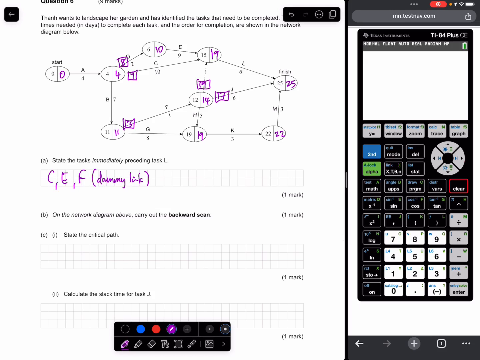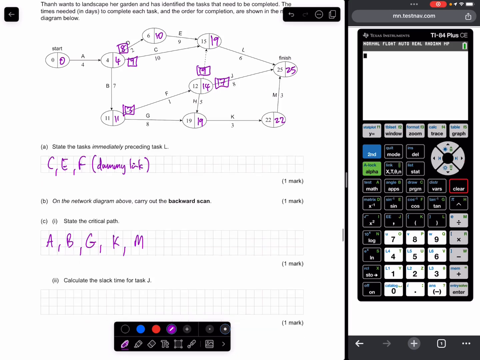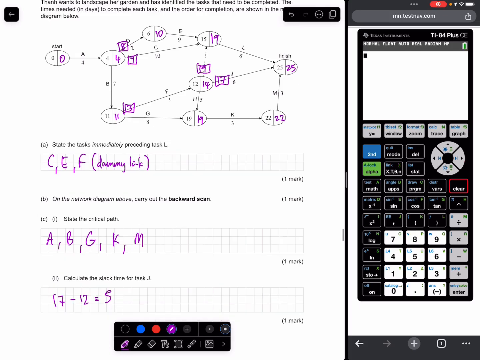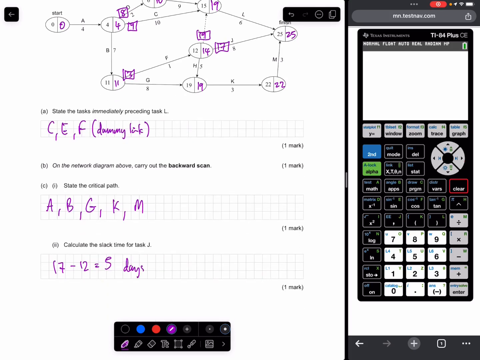State the critical path. A, B, G, K, M. Calculate the slack time for task J. J is here, 12 to 17. 17 take 12 is equal to 5 days slack time.